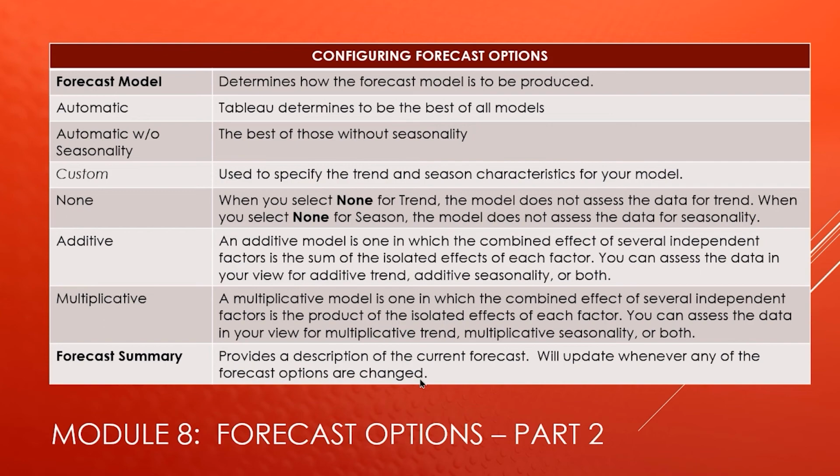Multiplicative is the product of the isolated effects of each factor. You can assess the data in your view for multiplicative trend, multiplicative seasonality, or both. And then at the bottom of the forecast options dialog, you have a forecast summary, which provides a description of the current forecast. And it will update whenever any of the forecast options are changed, and you'll see that as it happens.